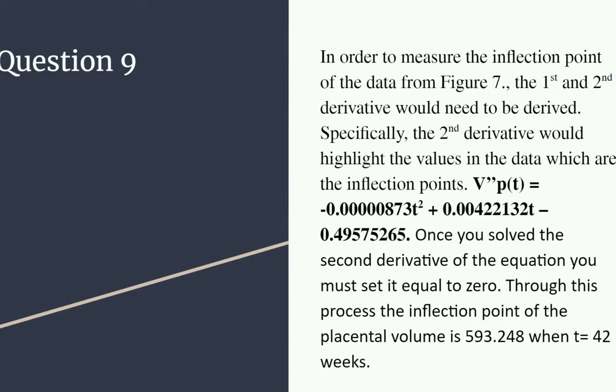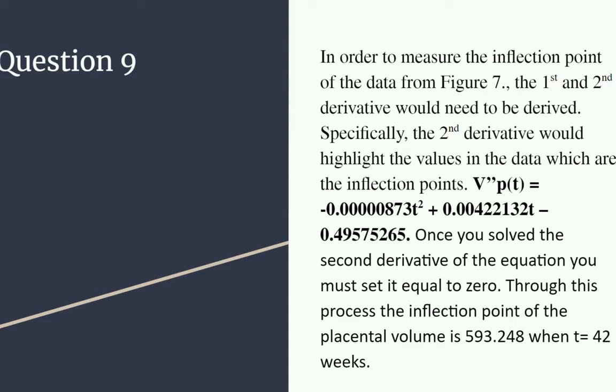In order to measure the inflection point of the data from figure 7, the first and second derivative would need to be derived. Specifically, the second derivative would highlight the values of the data which are the inflection points. V double prime of t equals negative 0.00000873 t squared plus 0.0042213 t minus 0.4957525.